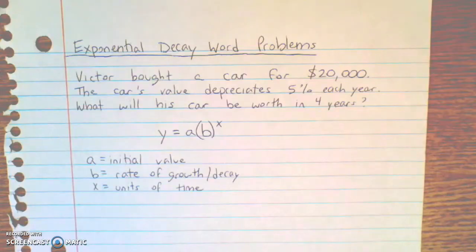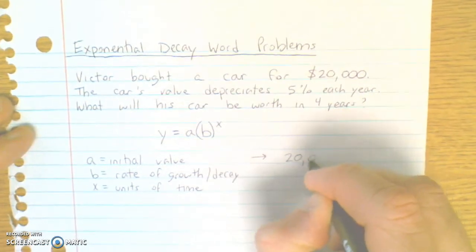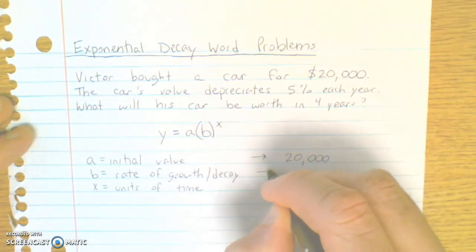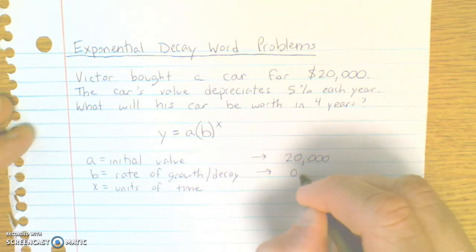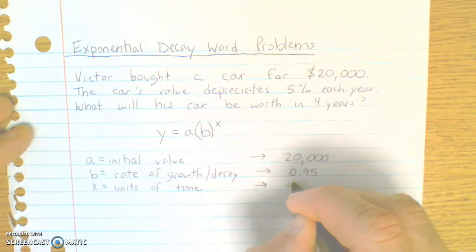So in this problem, our initial value is 20,000. The rate of growth is going to be 0.95, and then time will be 4.